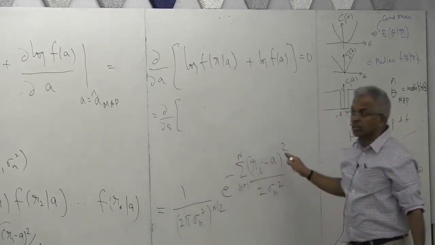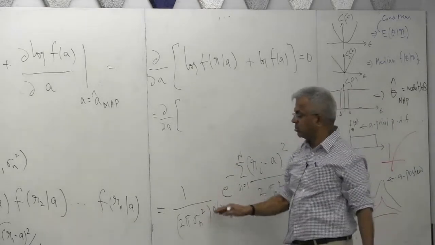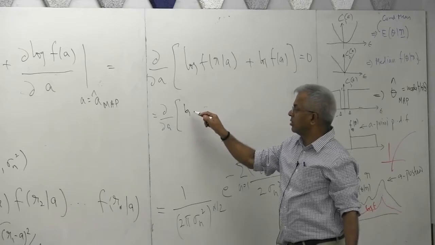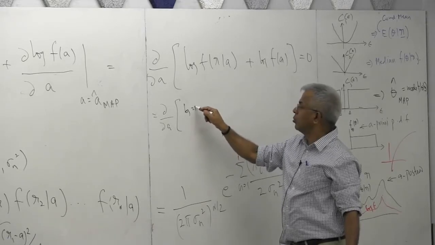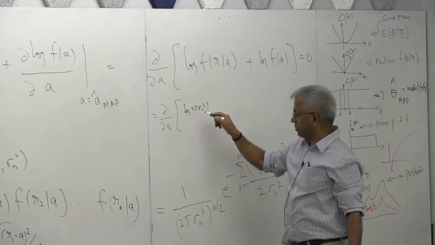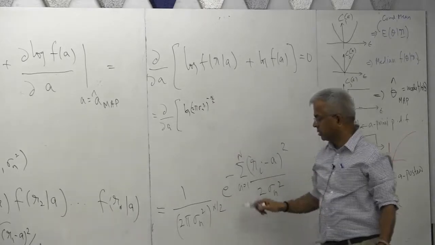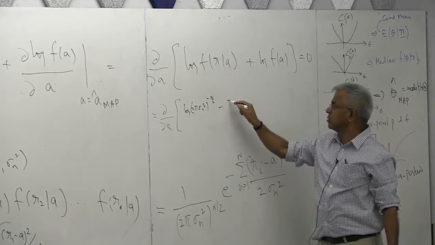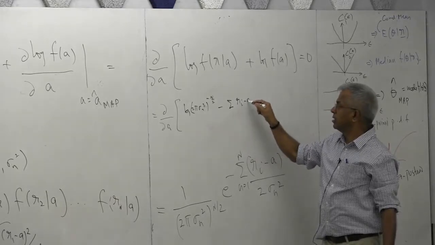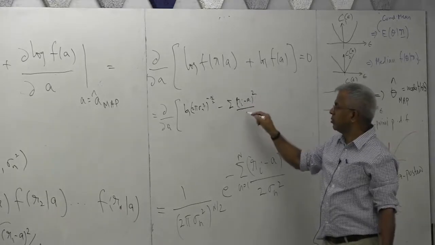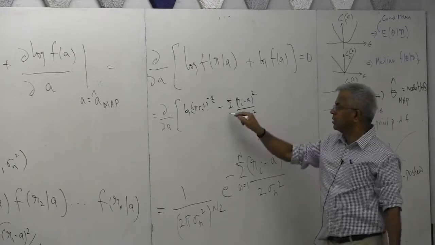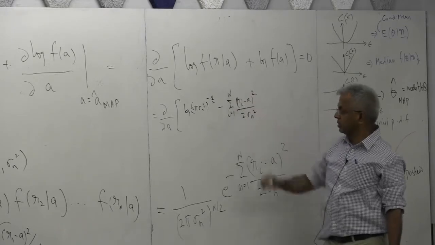Let me take the logarithm of this. So this is a constant. So I have log of 2 pi sigma n squared to the power minus n by 2, right? Then this is minus summation (Ri minus A) the whole squared over 2 sigma n squared, i equal to 1 through n.